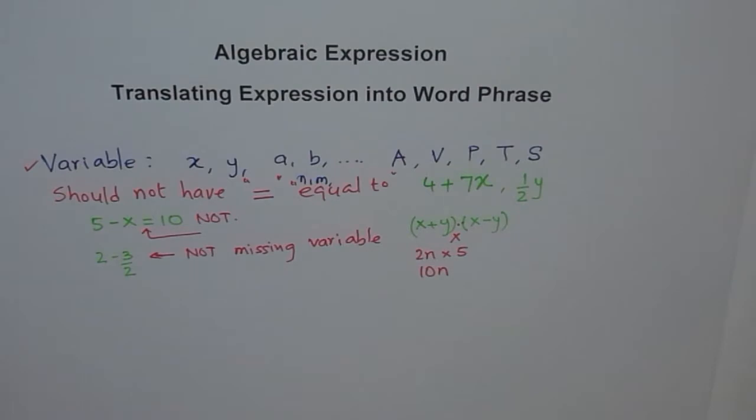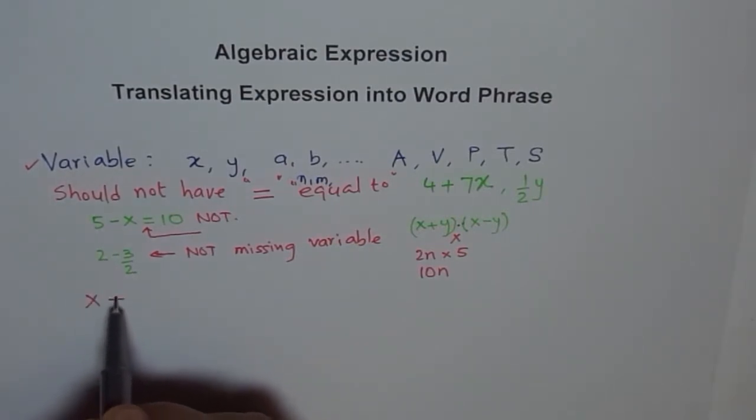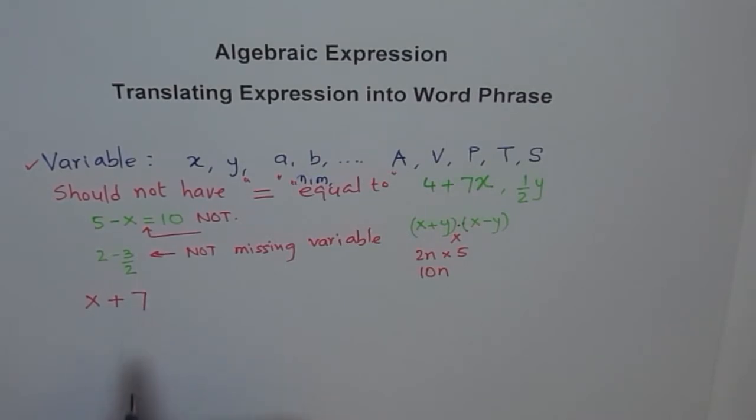The whole exercise here is actually on translating expressions into words and how to use different words to translate an expression into words. We'll take a very simple example to start with. Let's say we have an algebraic expression which says x plus 7. Now x plus 7 is an algebraic expression, correct?